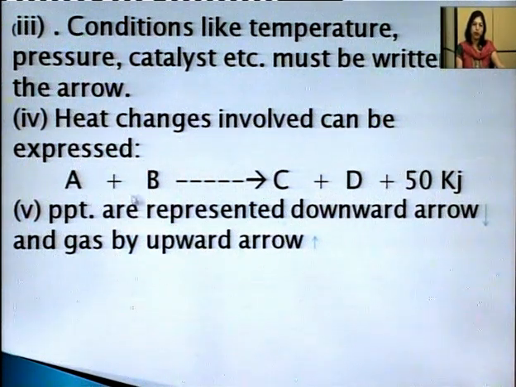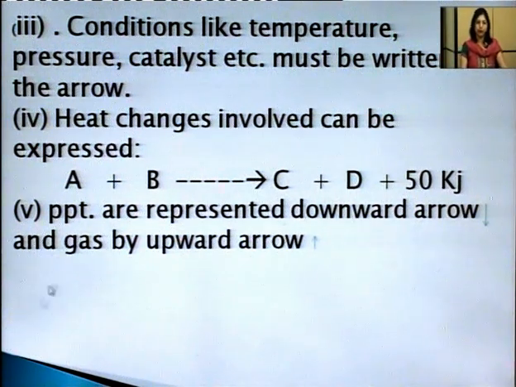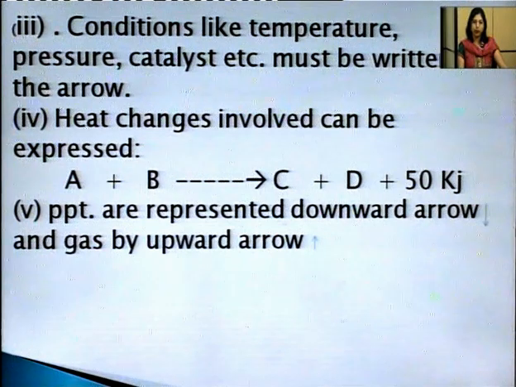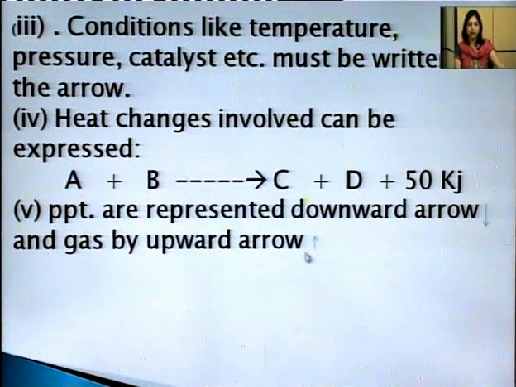If heat is to be absorbed, that is written on the reactant side. If precipitates are formed during the reaction, they can be represented by a downward arrow, and if a gas is evolved, it can be represented by an upward arrow.